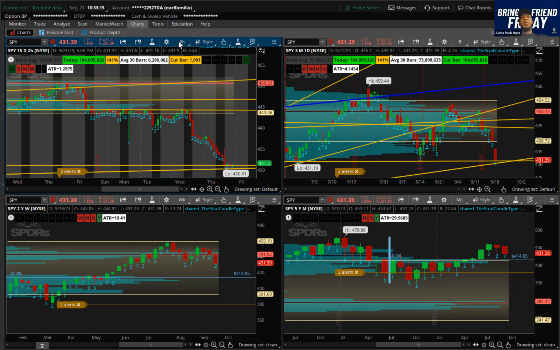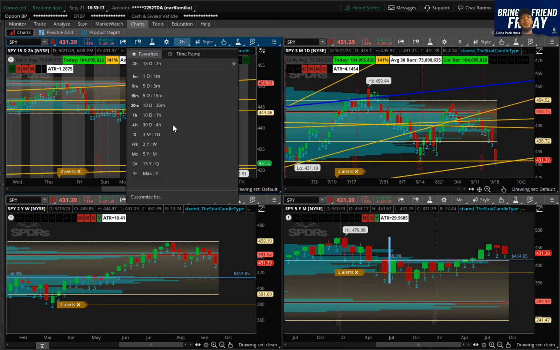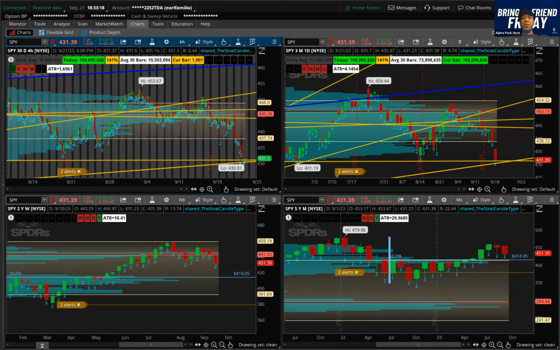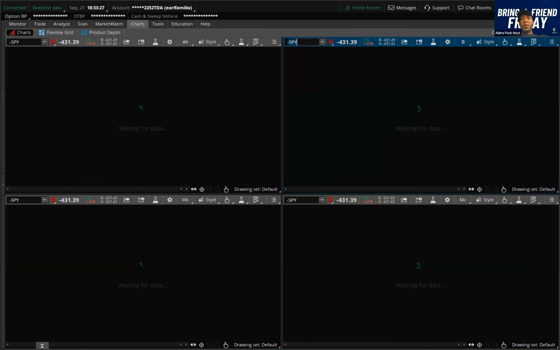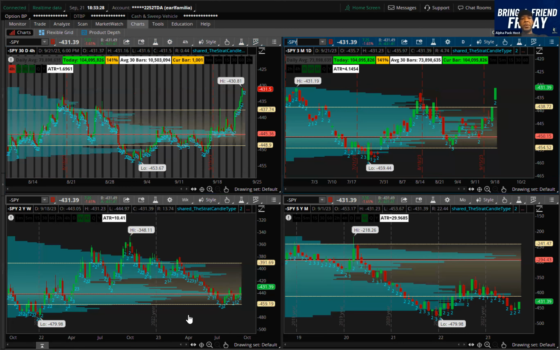I'm gonna show y'all something real quick. I don't know if y'all do this like me, but I like to put a little flip on the chart. This is the inverse. This is what SPY would look like if it was flipped upside down.